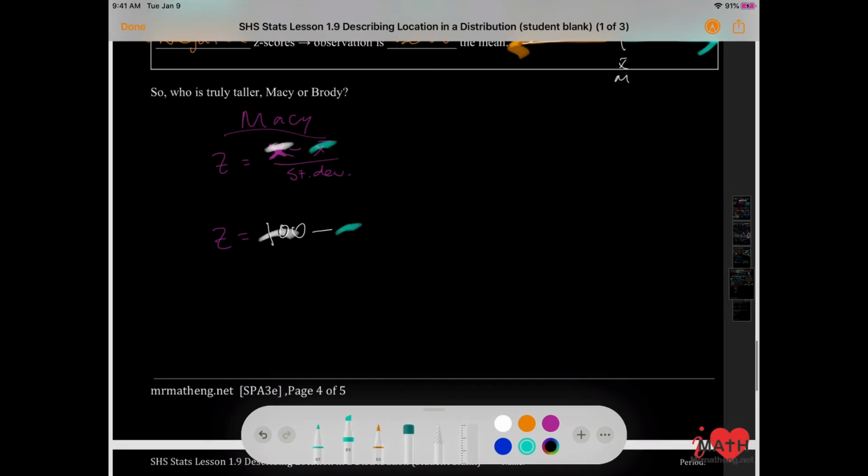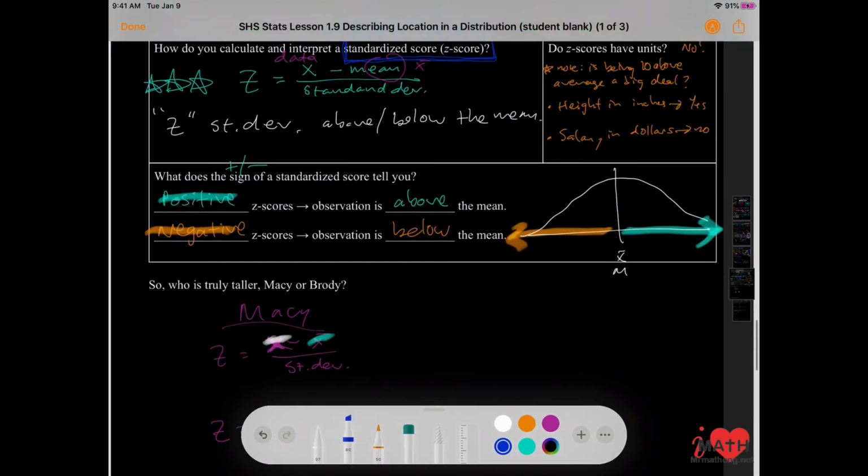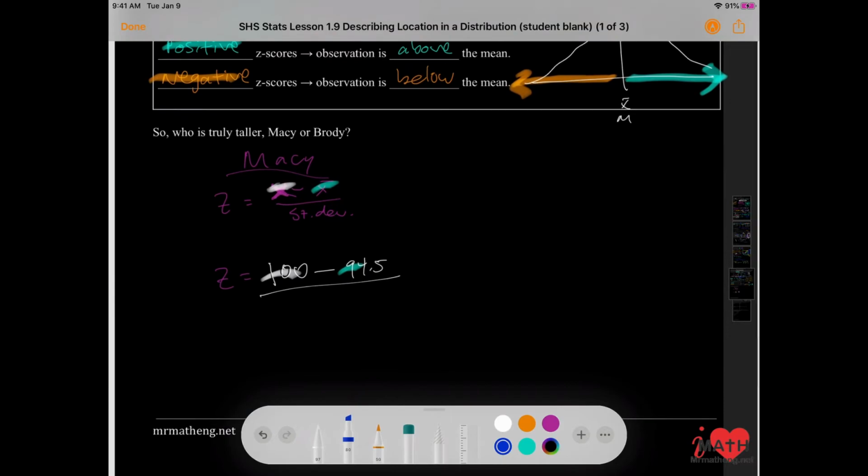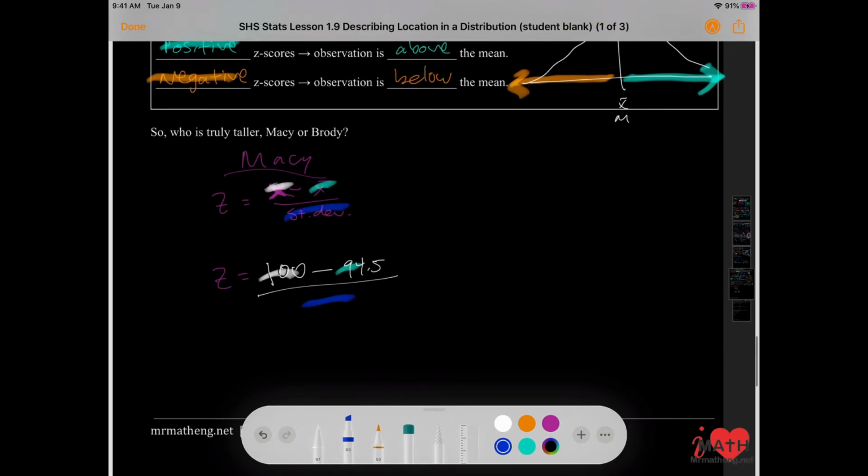So the average right there is 94.5. And then the standard deviation, it tells you there too, the standard deviation of 4. So that's how I'm getting these values. So if we do our z-score, this is going to be a positive 1.38. What does that mean? 1.38 standard deviations above the mean.